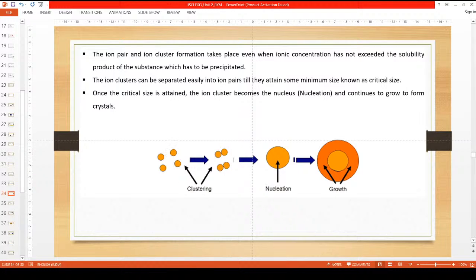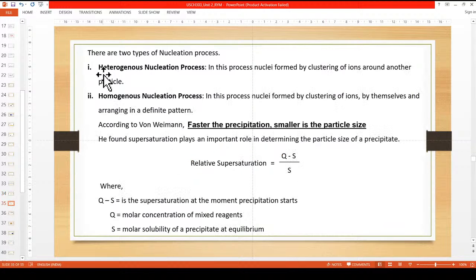Any foreign particle acts as a nucleation center, and the remaining particles grow over the surface of that foreign particle. In this image you can see there is a central particle, and the rest of the particles are deposited over its surface. This you can call heterogeneous nucleation. If it is homogeneous nucleation, the central nuclei and surrounding particles are all the same. So two mechanisms are there.